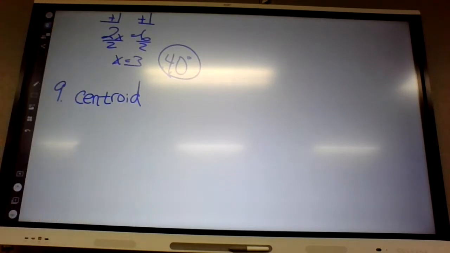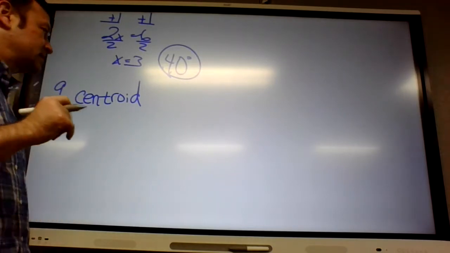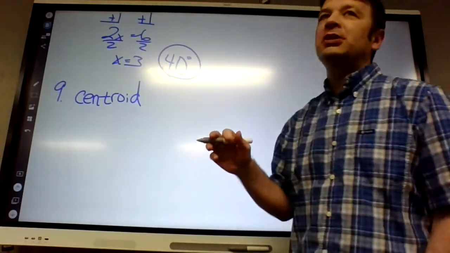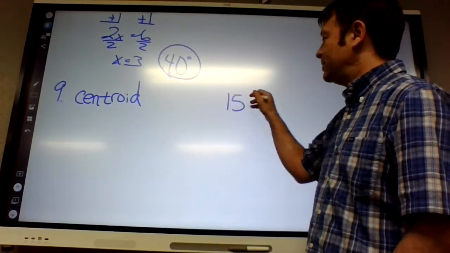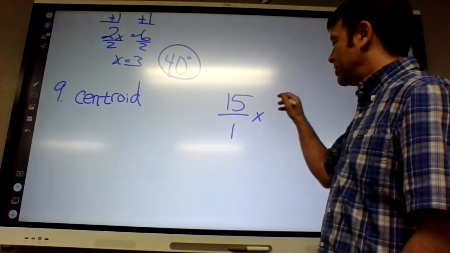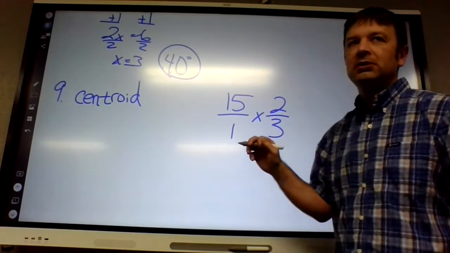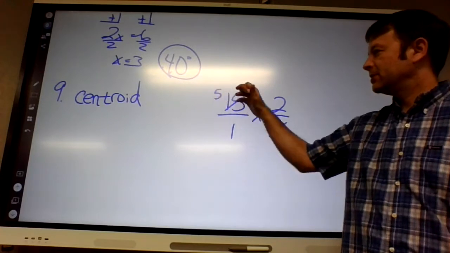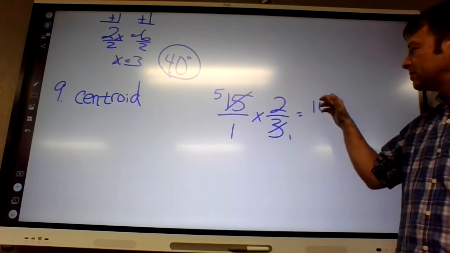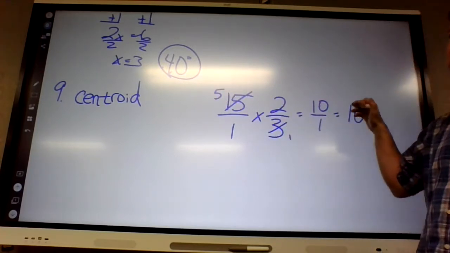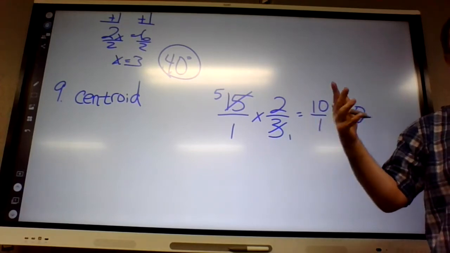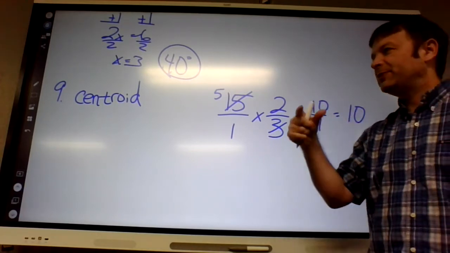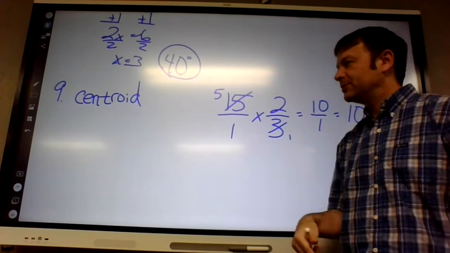So how do we find what 2/3 of 15 is? 15 over 1 times 2 over 3, divided by 3. If you think about it, it makes sense. 2/3 of 15 is 10. If you split 15 into 3 fives, 2 of those is 10.